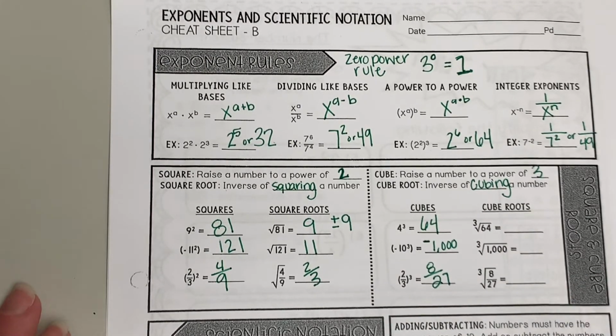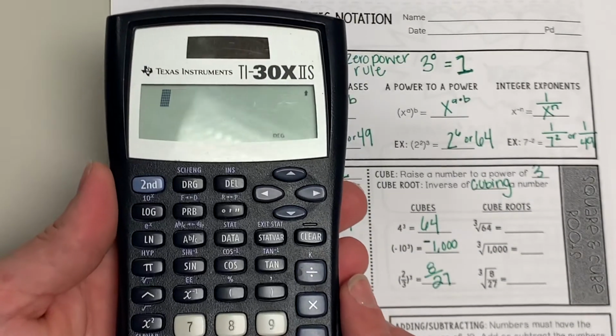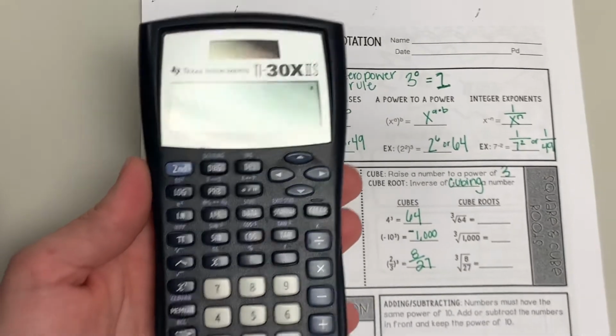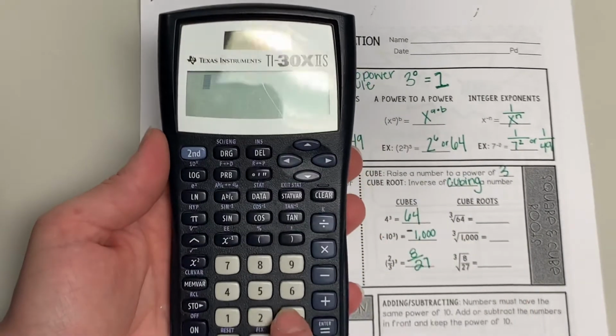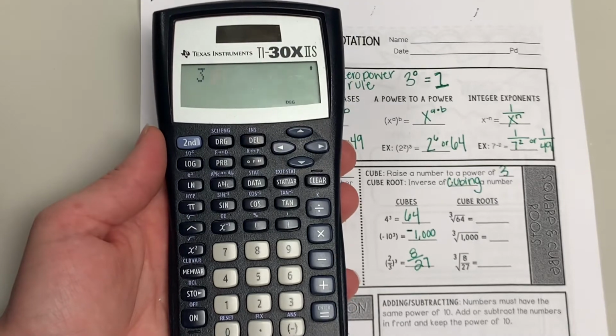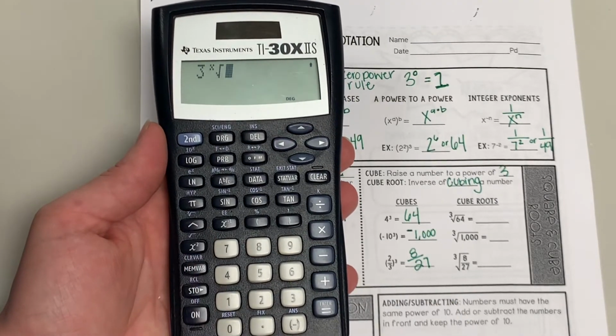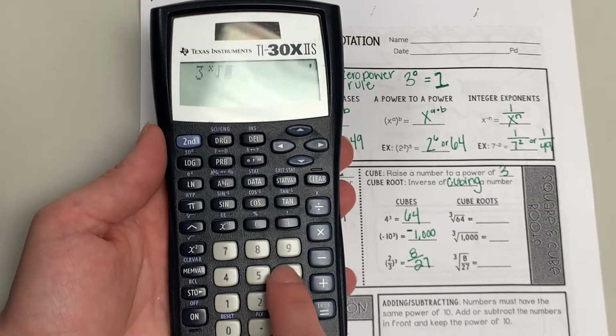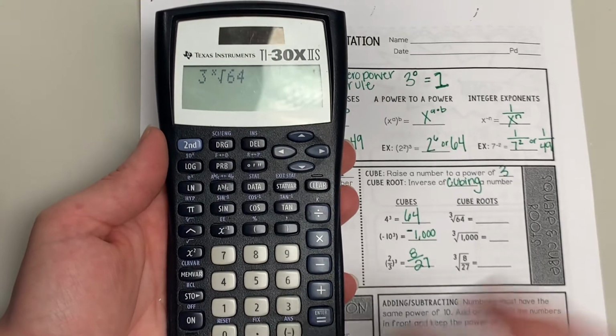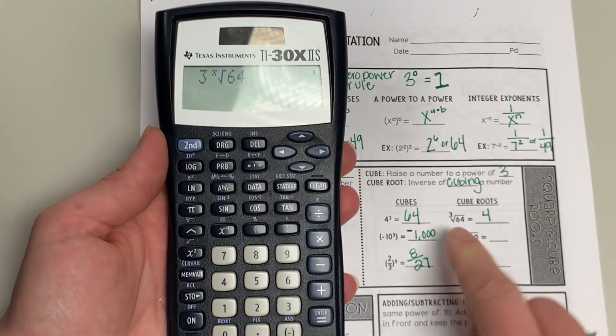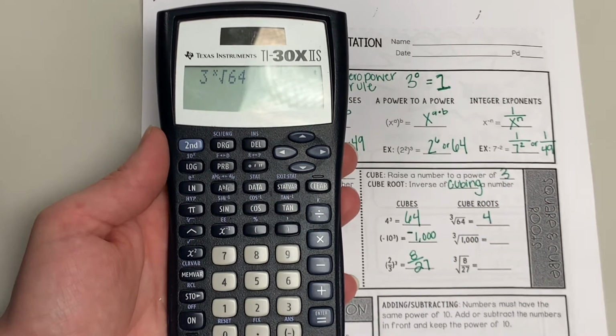Cube rooting something. If you're unsure how to do that in your calculator, to cube root something, you are going to type the 3 first. Then you're going to do the special house that has the x with it. Then type your number, 64. So the cube root of 64 is 4.